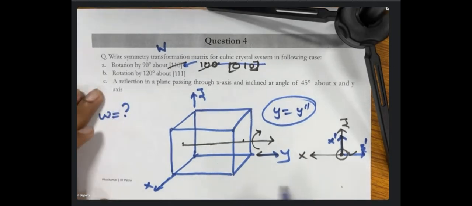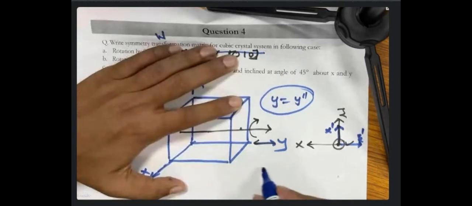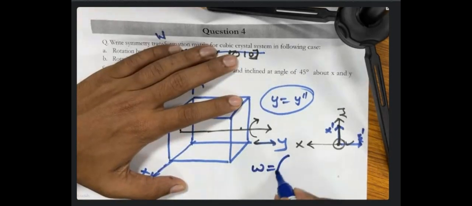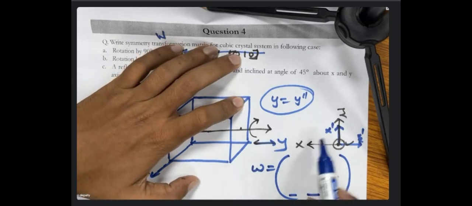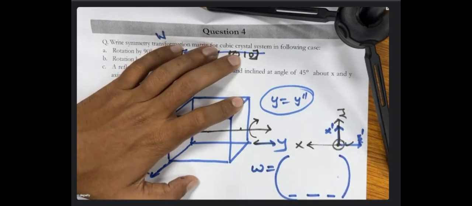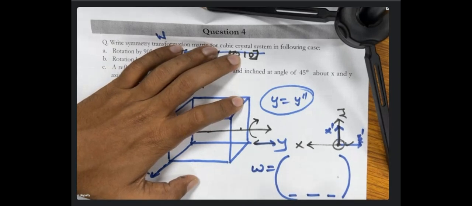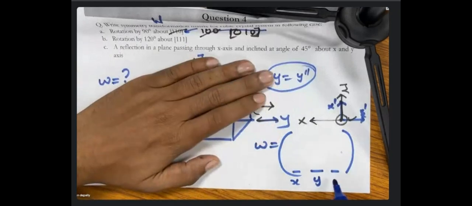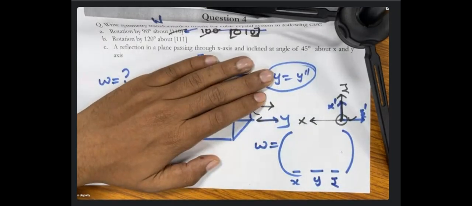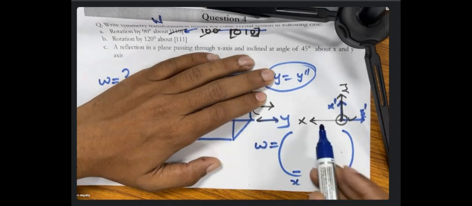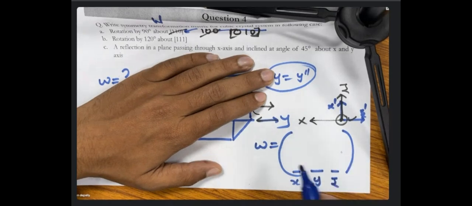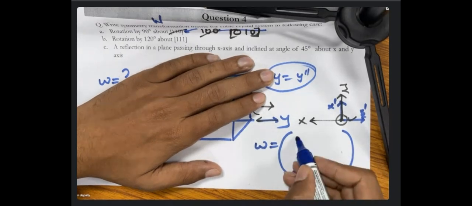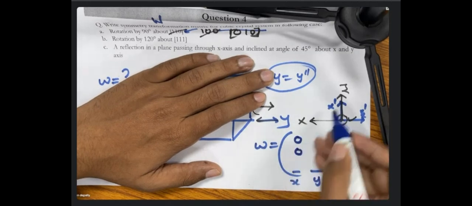We need to write the symmetry transformation matrix, which has 3 columns. The first column tells how x is transforming. The second tells how y is transforming. And the third tells how z is transforming. We can see that x is transforming to plus z, so in the x column there will be 0, 0 and 1.